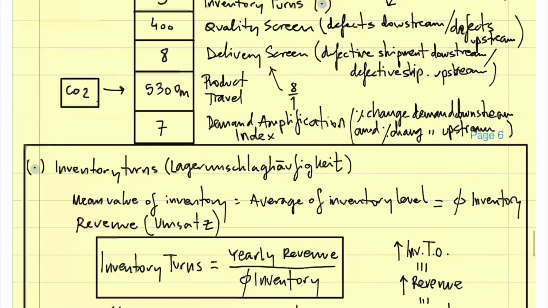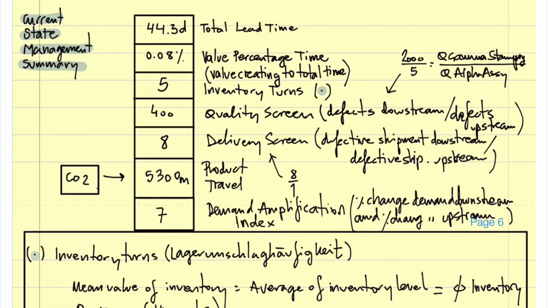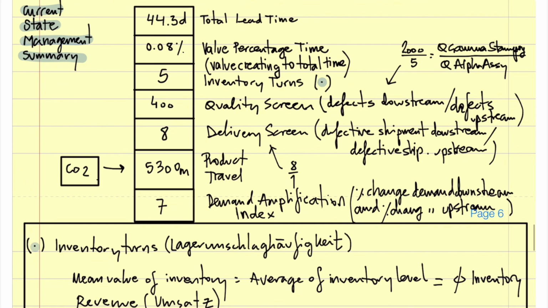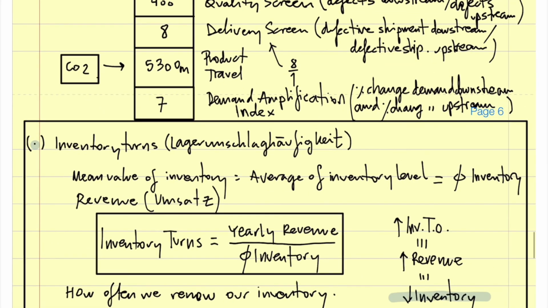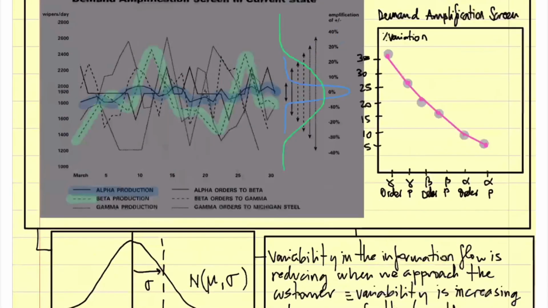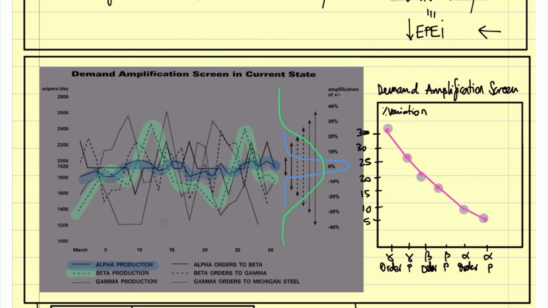And that would be your current state management summary. Just dividing this number by this number: 35 divided by 5 is the demand amplification index.